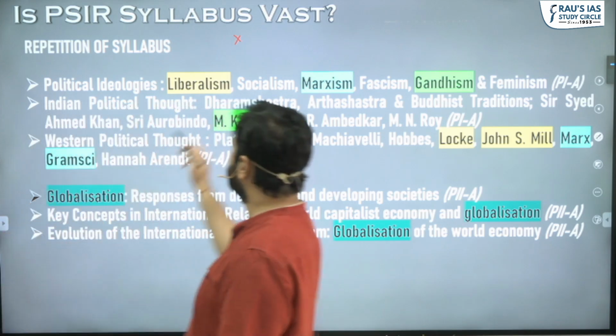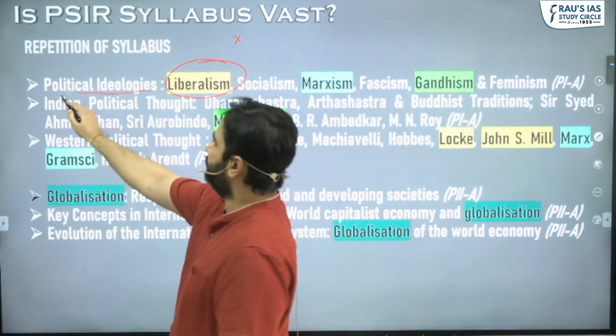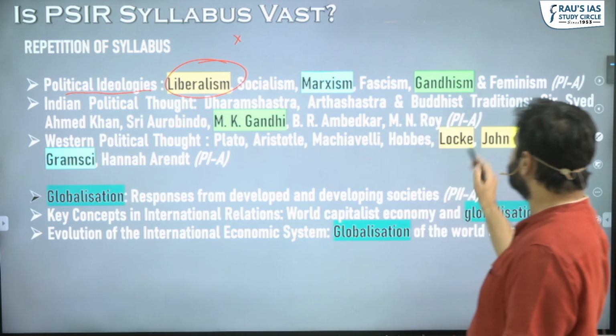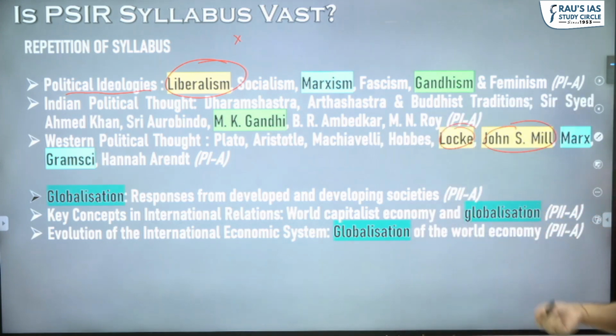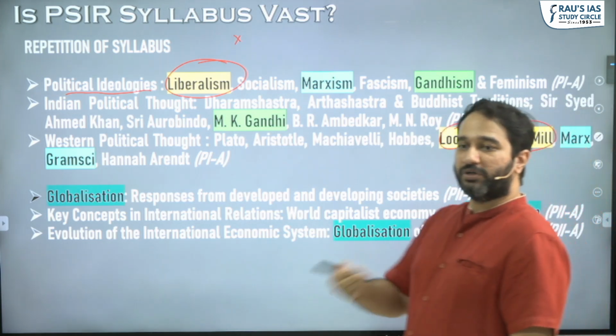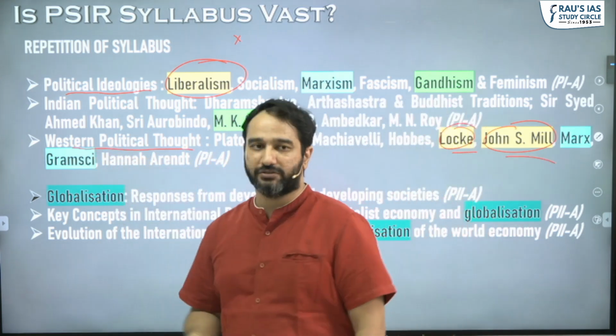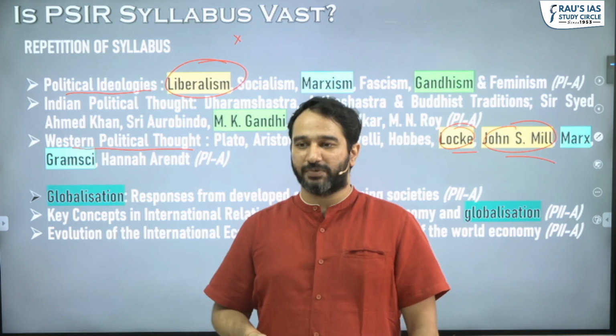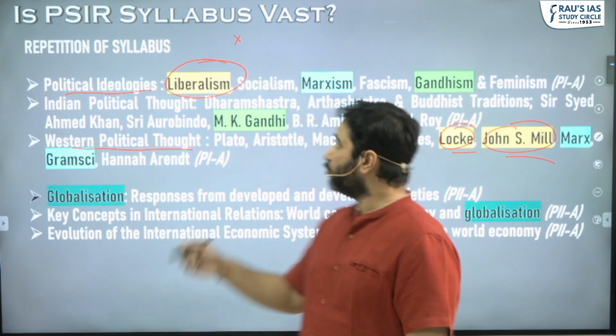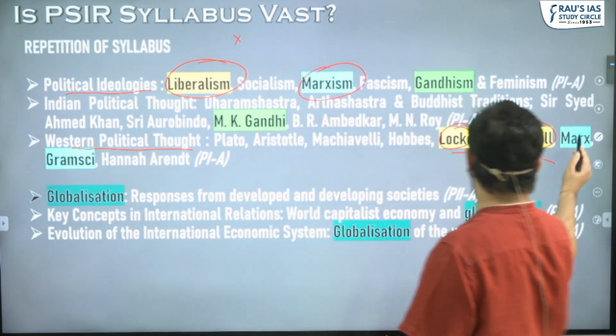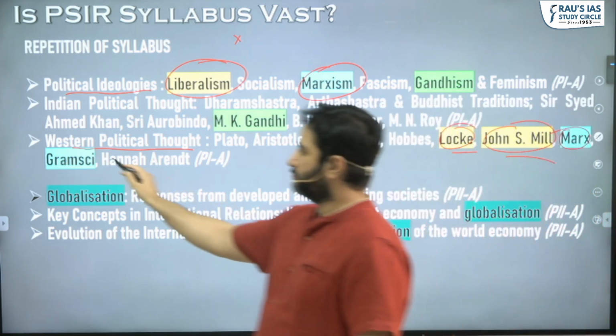When we talk about liberalism in terms of political ideologies, there is no liberalism without an understanding of Locke and Mill. So you would learn Locke and Mill, which are given in Western political thought, and your liberalism part would be done also. There is no Marxism without the ideas of Karl Marx and of Gramsci.